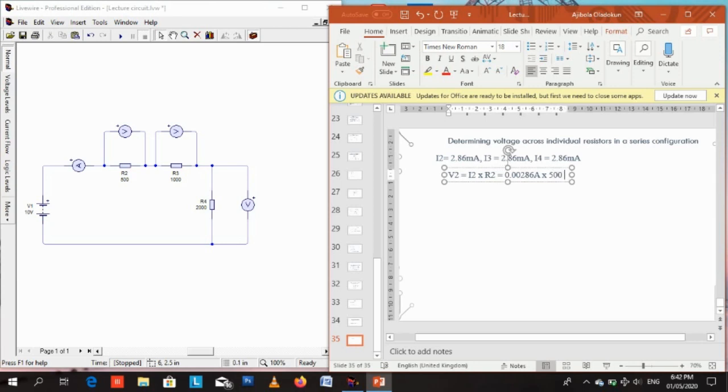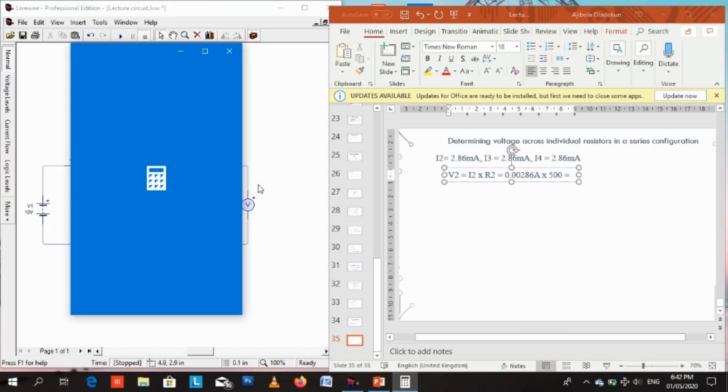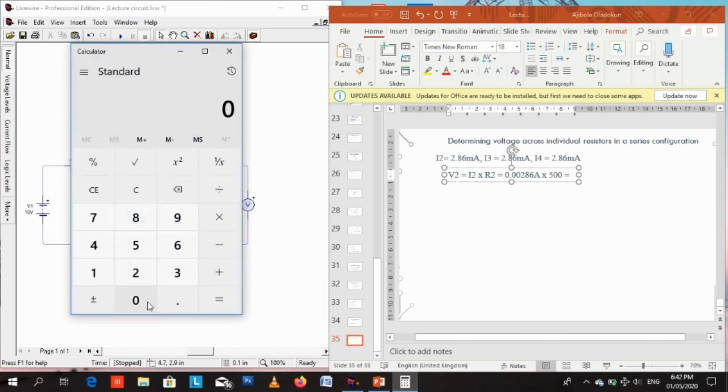Let's get a calculator out. 0.00286 multiplied by 500 is equal to 1.43.